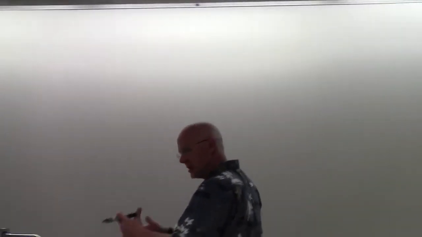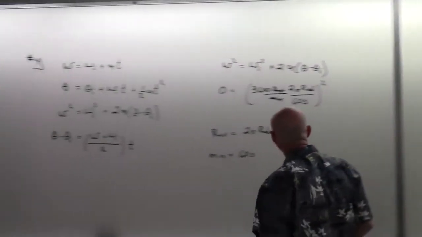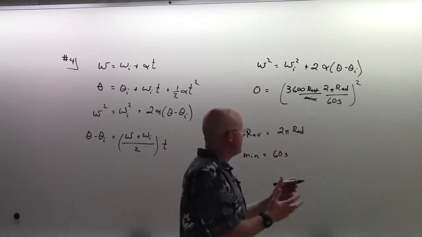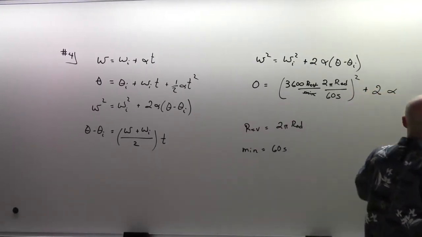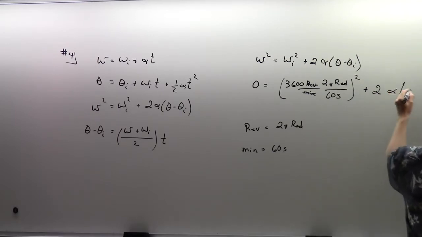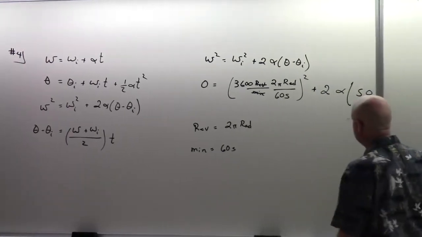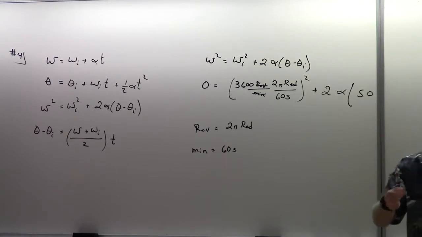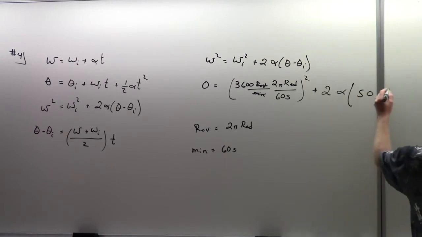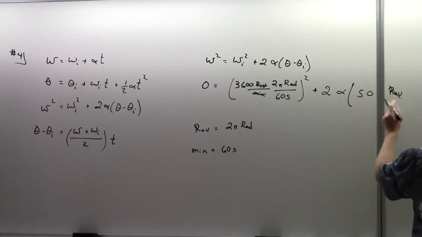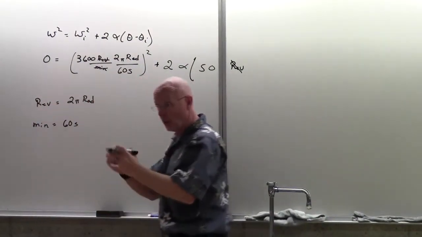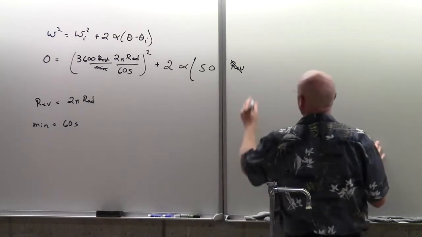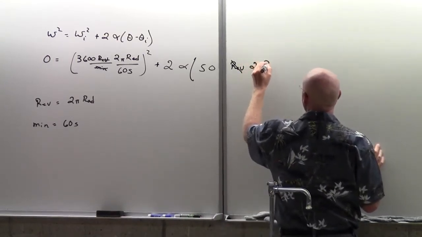And so you can see this is analogous, hopefully, to chapters 1 and 2. So there's the beginning speed. Then I've got 2 times the acceleration that I would like to find. And again, it says after 50 revolutions. I'll put the word revolution, but I'm going to do the same thing and do a direct substitution. Everywhere I see the word revolution, I'm going to put 2 pi radians.